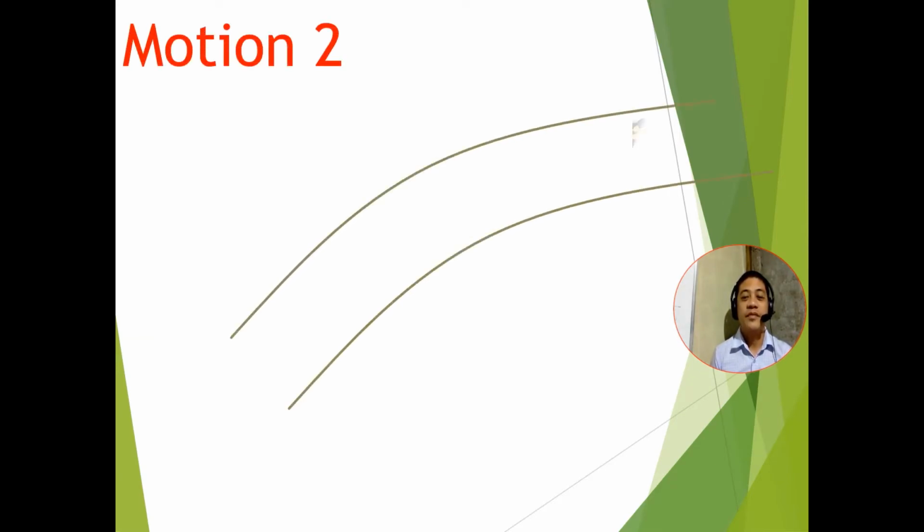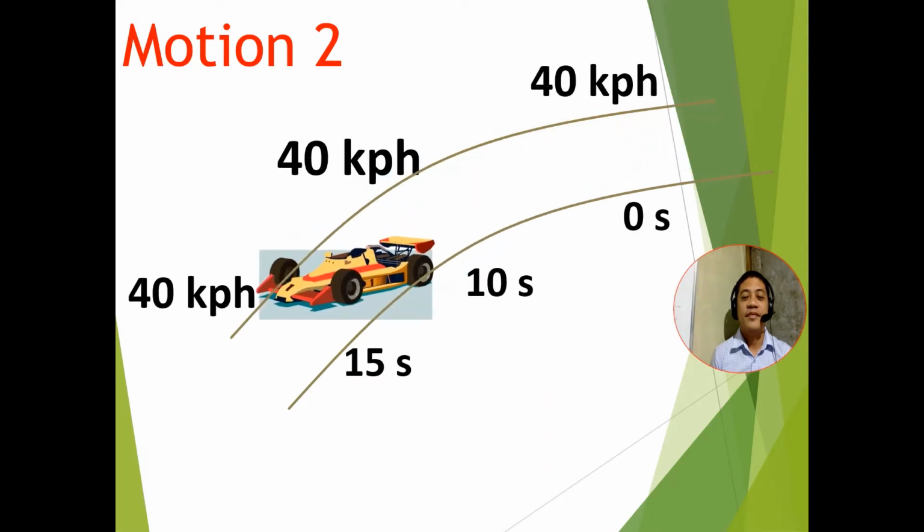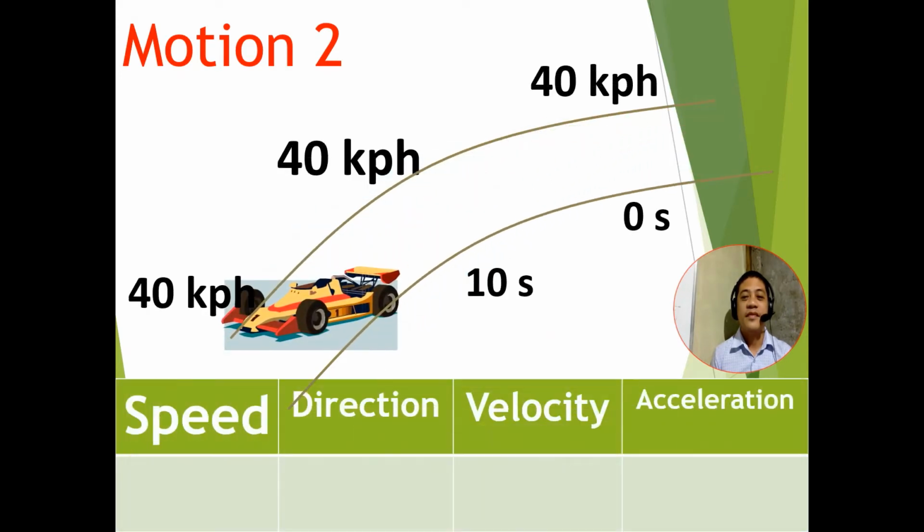Are you ready for our motion number 2? Here we go. Okay, describe the speed. The speed is constant. How about its direction? Obviously, it is changing because it is moving on a curved path.